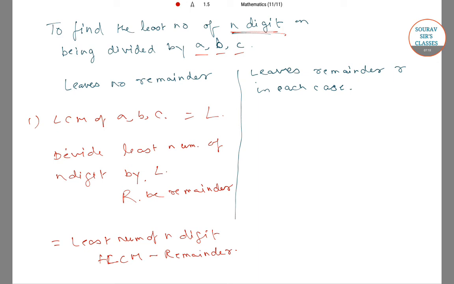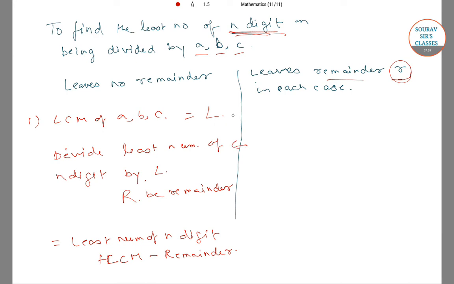Now if it is given to find the least number of n digits which when divided by A, B, C leaves remainder r in each case, for this situation we first continue like the previous example.